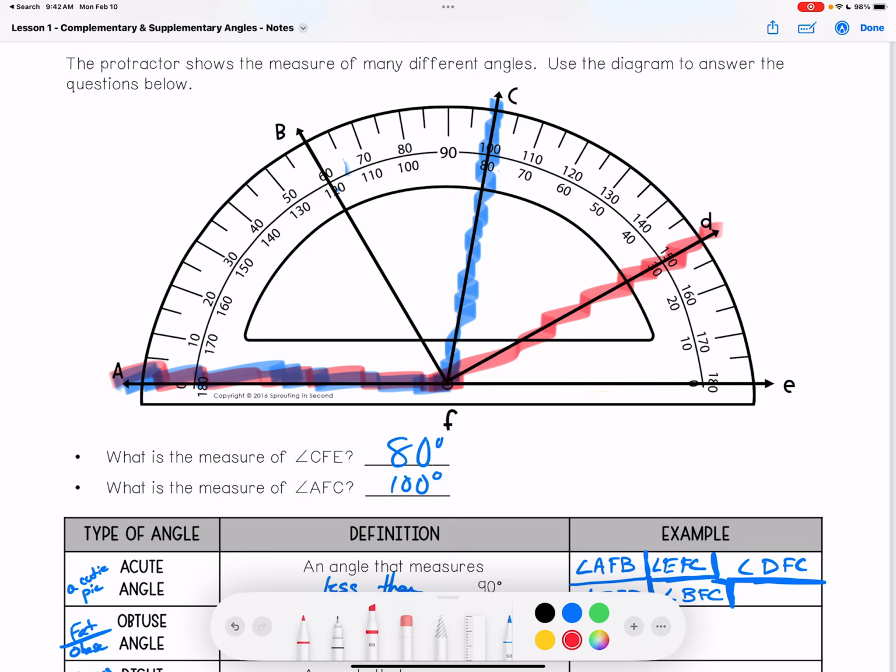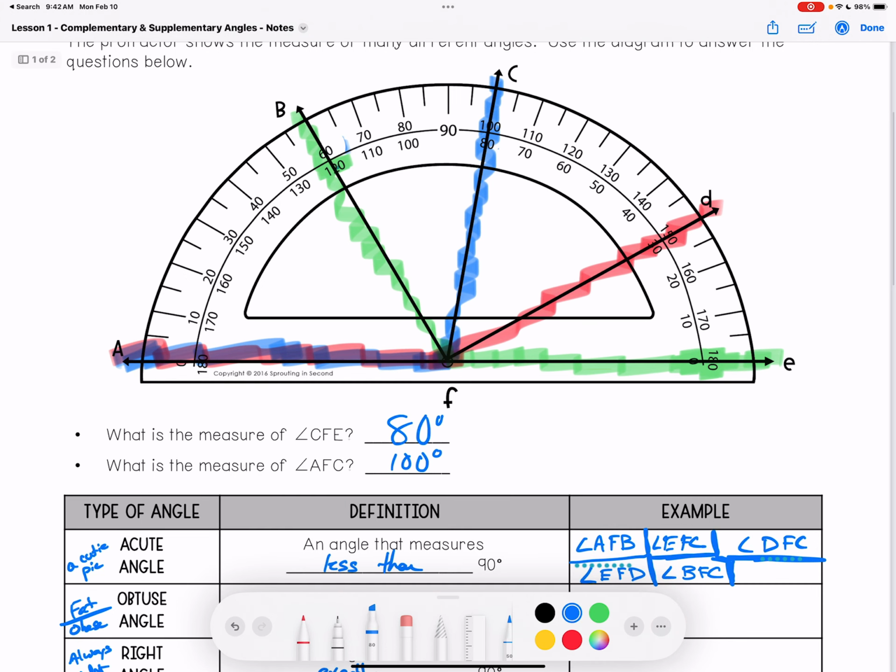And then, last one, what about EFB? All right, because that's 120. This one was 100, AFC, and then DFA was 150. Okay?